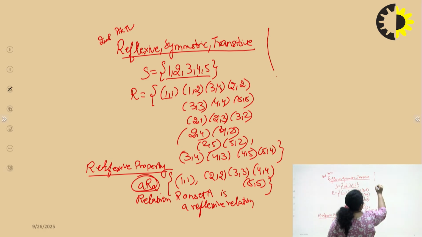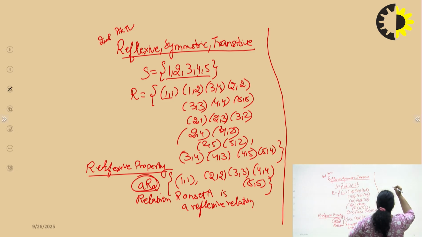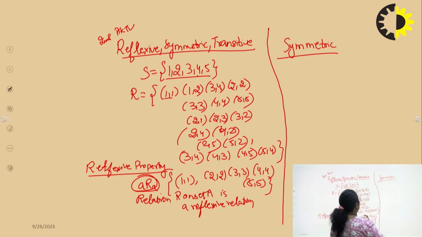Now we have to check whether the relation is symmetric or not. For checking the symmetric relation, we look at the condition aRb.